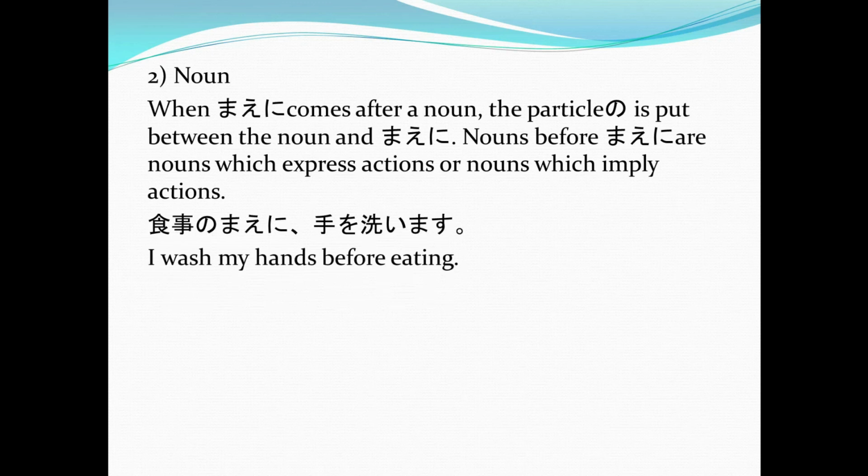Again, Shokuji no maeni te o araimasu, or I wash my hands before eating. So the noun here, shokuji, is a noun that implies actions. Which means before he or she eats, or before a meal, the speaker washes his or her hands.